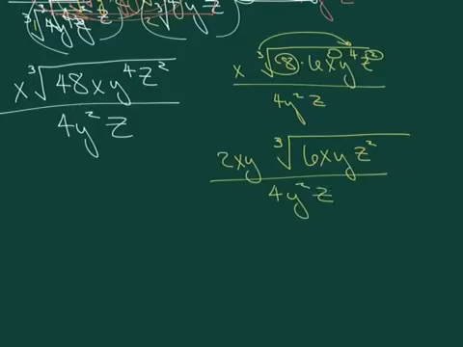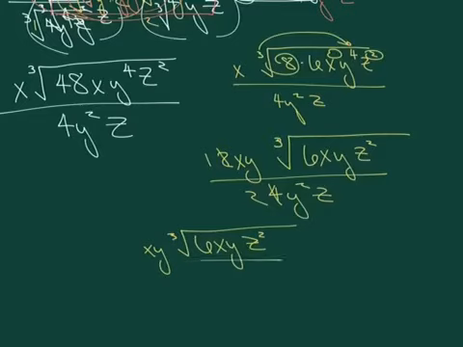All right, now I can see if I can cancel. I can cancel this 2. 2 over 4 is the same as 1/2, right? So I have xy cubed root of 6xyz squared over 2y squared z.